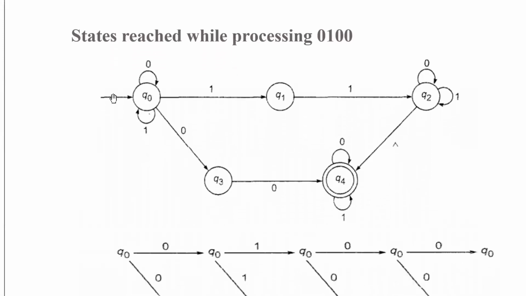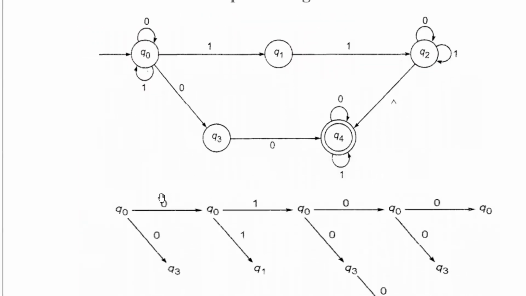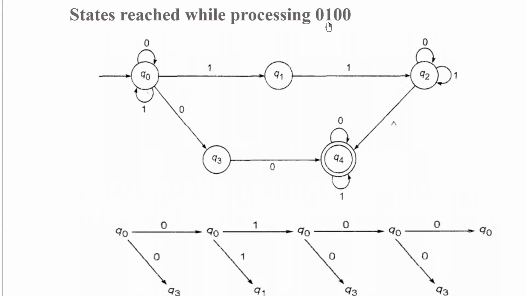So from Q0, if 0 is processed, one chance is you come back to Q0, the other chance is you go to Q3. Two chances are there, Q0 or Q3. After this, the next one is 1.